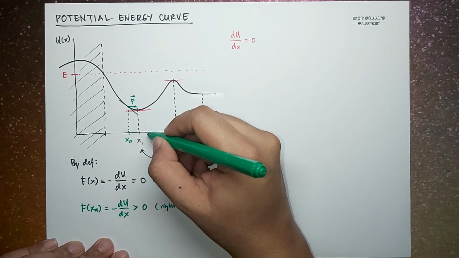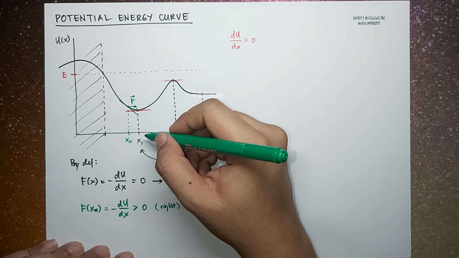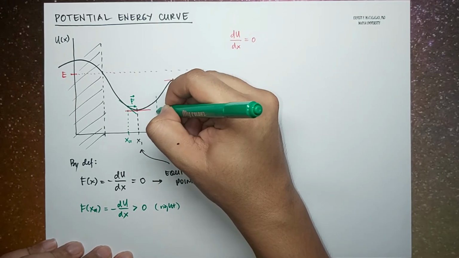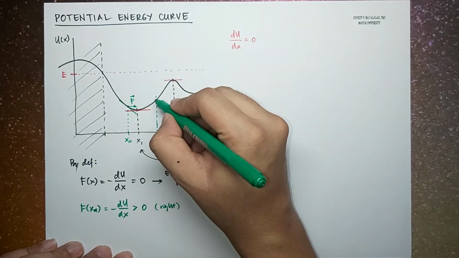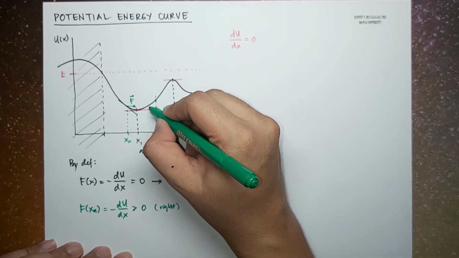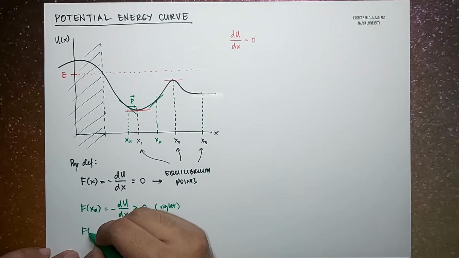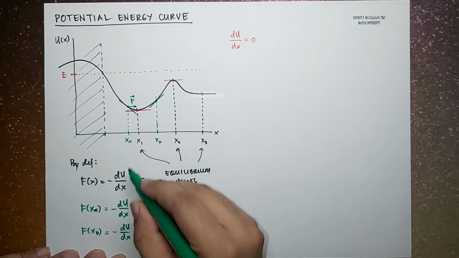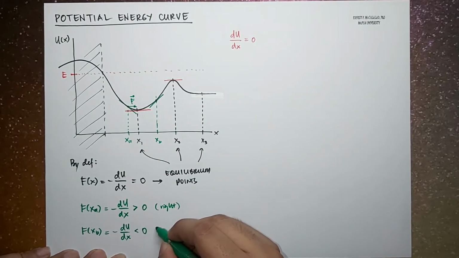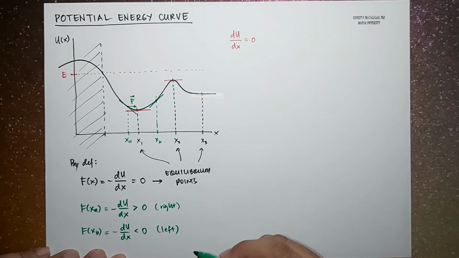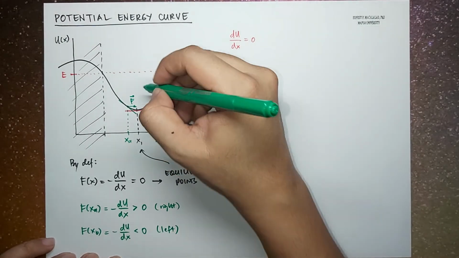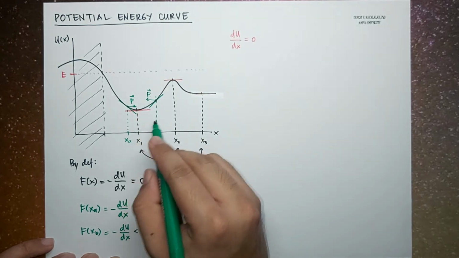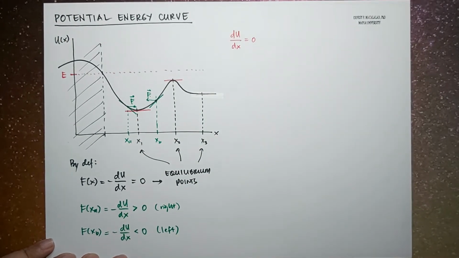For example, the particle now moves to the right, let's say at xb. You will notice that at this point, the slope of the graph is positive. So F at xb, which is the negative derivative of U with respect to x, becomes negative. That means the direction is to the left. So the particle will also return to its equilibrium position.